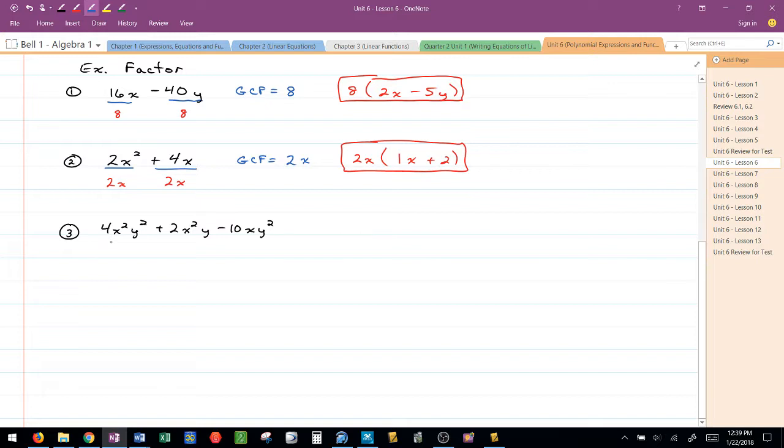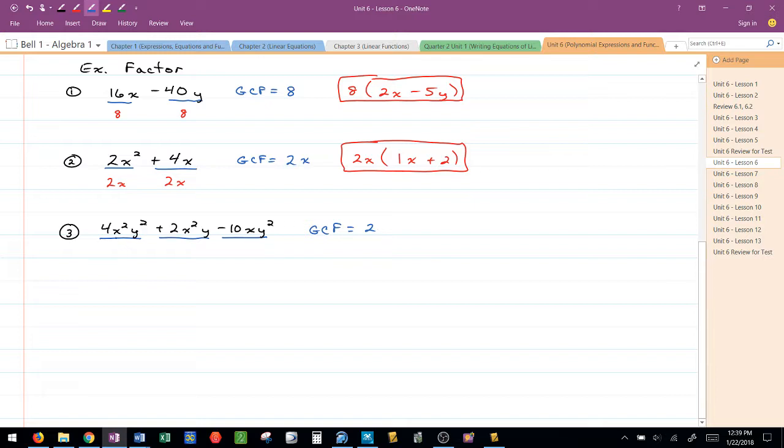This polynomial is a trinomial. I have to find something in common between all 3 terms. I do the numbers first. I notice I have a 4, a 2, and a negative 10. I know that they all have a 2 in common.